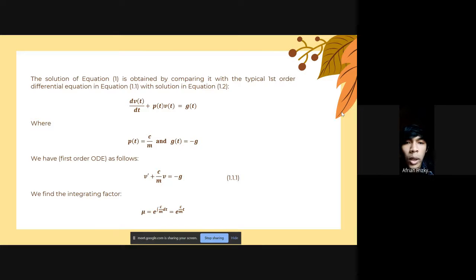First, we want to find the integrating factor. By the formula, we get mu is equal to the exponential of the integral of c over m dt, and the result is exponential of c over m t.